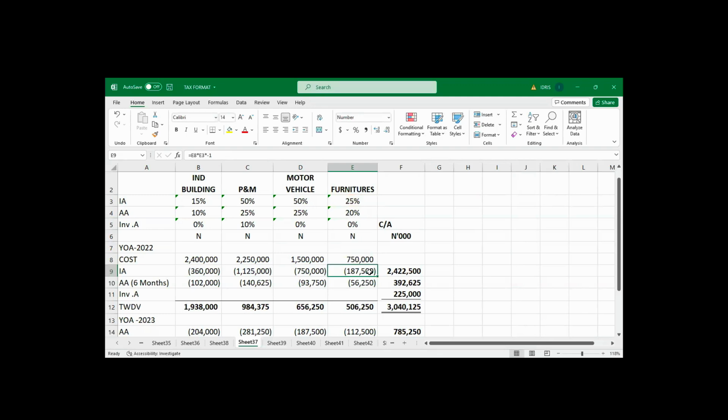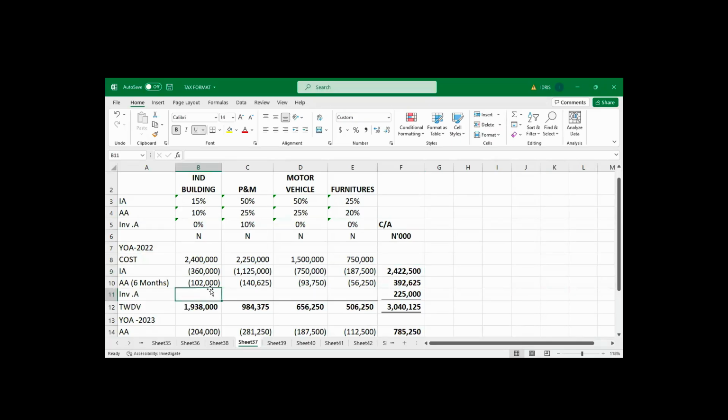At the end of the day, when you sum all the initial allowances together, that means you sum 360, 1,125,000, 750, 187,500, it will give you 2,422,500. Can we all see that? Yes, sir.